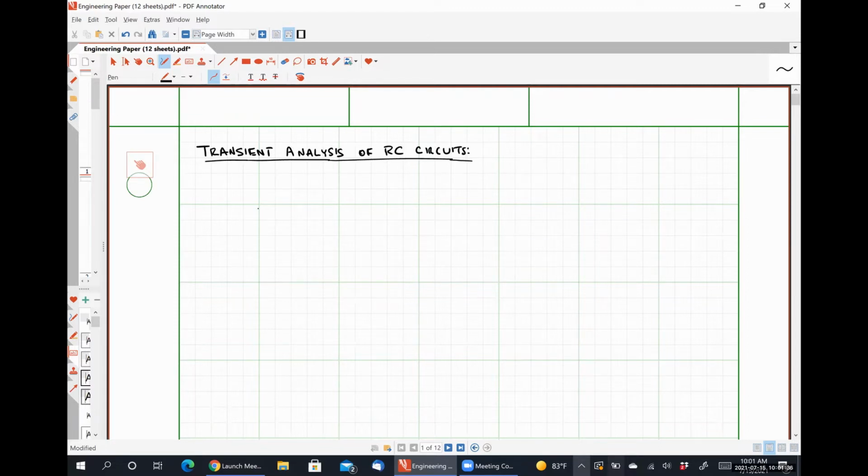So let's consider a simple circuit containing some source voltage Vs, a switch that is going to open at t equals 0, and it is connected to a resistor and a capacitor, like so.